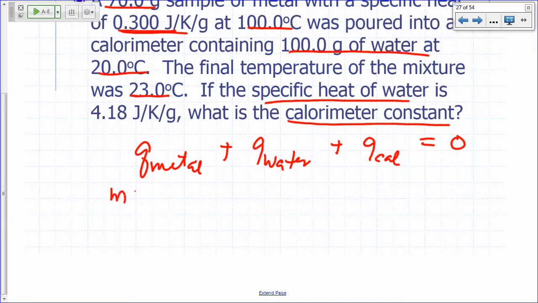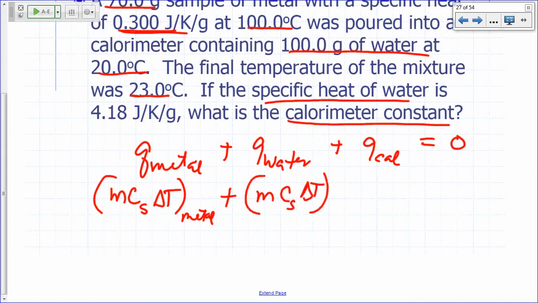Mass of the metal times specific heat of the metal times delta T for the metal. What's Q of the water? Mass of the water times specific heat of the water times delta T of the water. And what's Q cal? The calorimeter constant times delta T for the calorimeter.